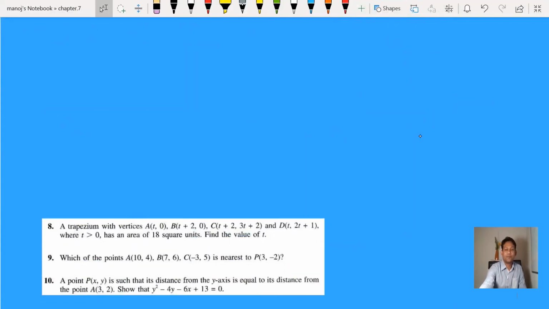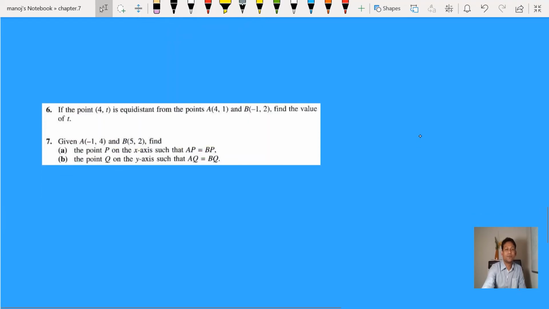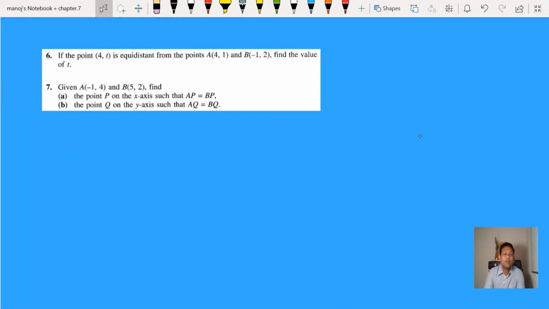Question number 4, like if the point is equidistant from this point and this point, suppose this is P. I'm not solving this part, but just giving the idea how to solve. Equidistant means this point P is here, suppose, and A is here, and B is here.